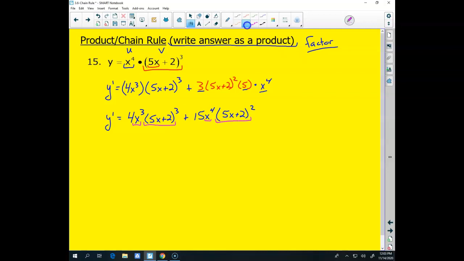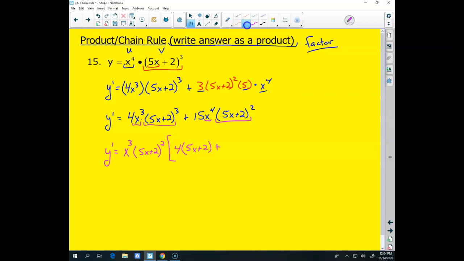So I'm going to say my y prime is, I'm going to factor out an x cubed times 5x plus 2 squared. And when I factor my x cubed out of this first term, I have a 4 times, okay, notice there's a times, when I factor a 5x plus 2 squared out of a 5x plus 2 cubed, I'm left with a 5x plus 2.